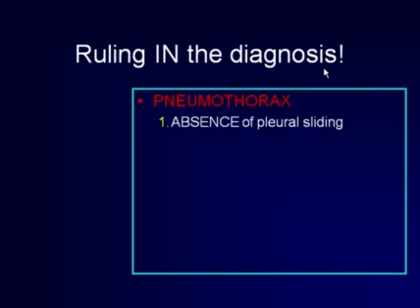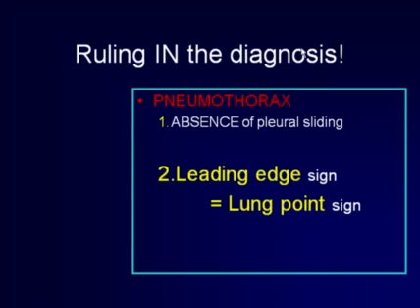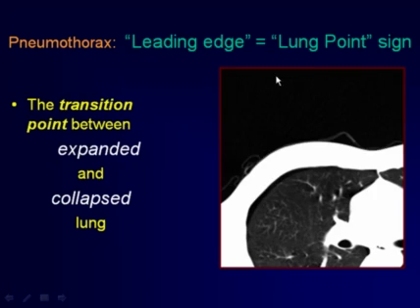So the second way that we can rule in pneumothorax, identify it positively, is by identifying the leading edge or the lung point. The lung point or the leading edge is that spot of the lung which makes the transition between expanded lung, which would be over here, and collapsed lung.